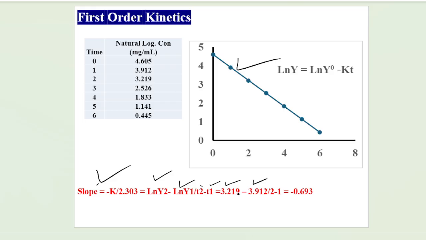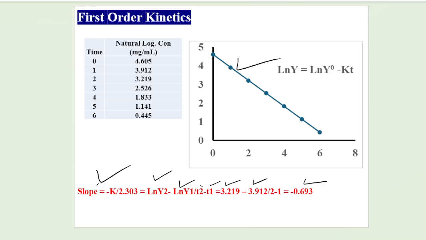When we subtract these, with t2 minus t1 equal to 1 hour, and divide, your answer is minus 0.693. This indicates that per unit time, or per unit hour, the decrease is 0.693 in log concentration. That is the decrease in the case of first order kinetics.